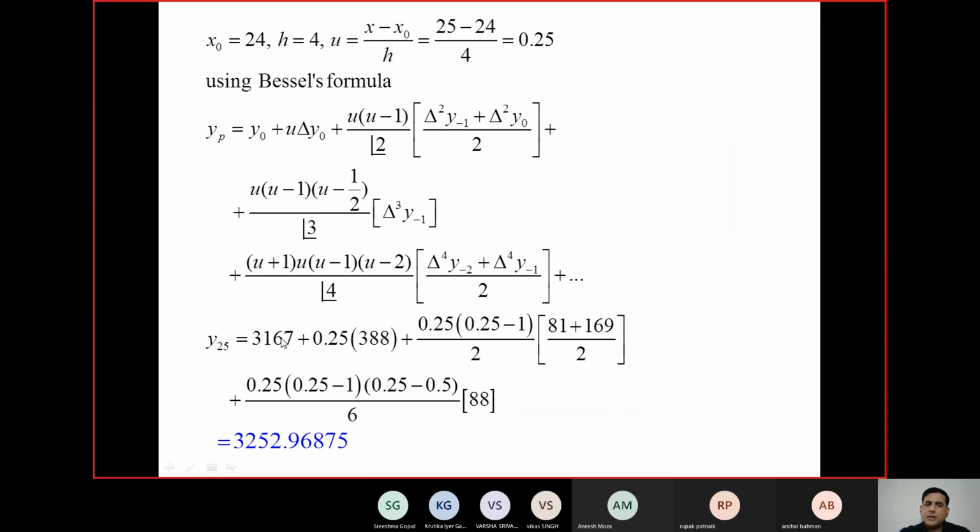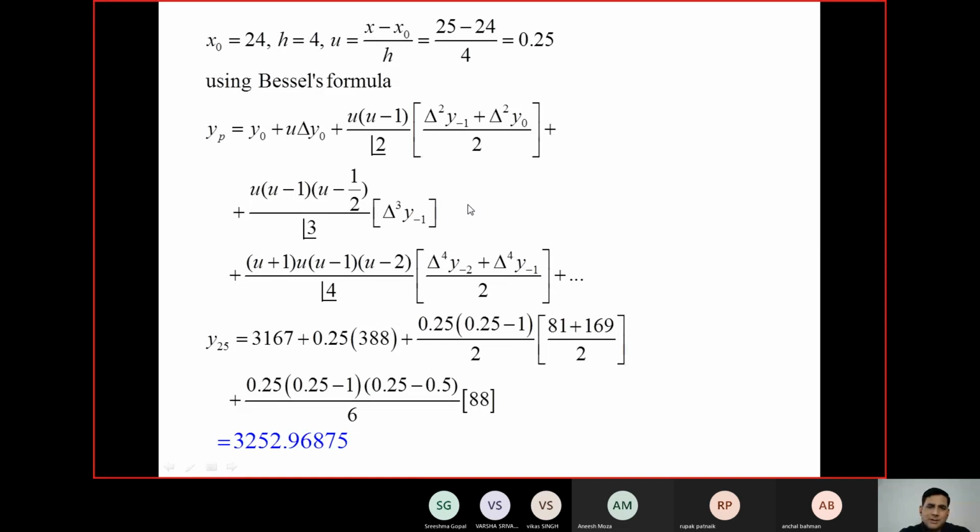You have your y naught already, taken from here. This is your u or alpha, 0.25. Delta y naught you already have from the previous table, 388. So this is your first term. Second term is again this, 2, and then you have delta square y minus 1, delta square y naught. So these are there from the previous table.